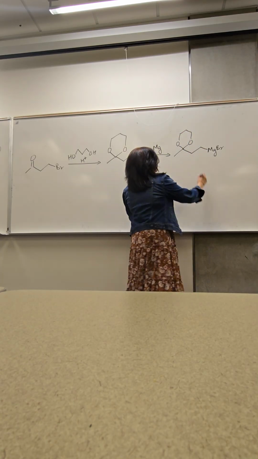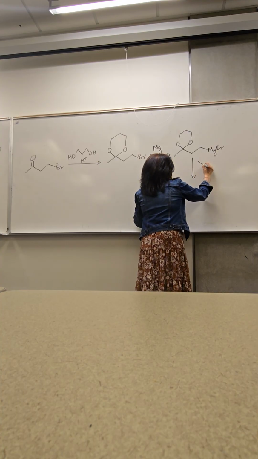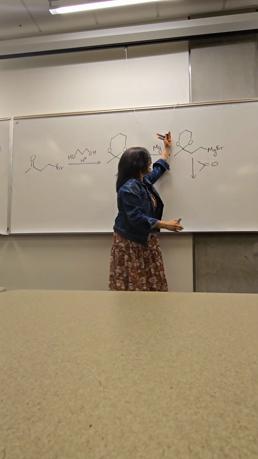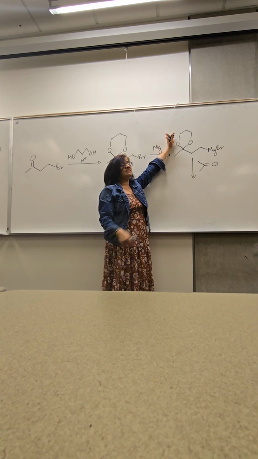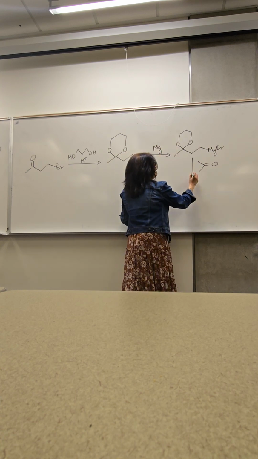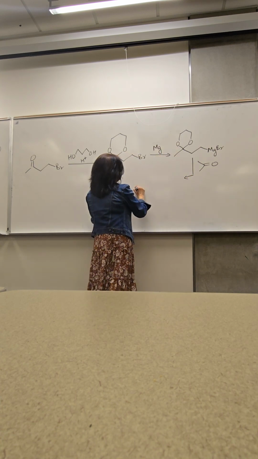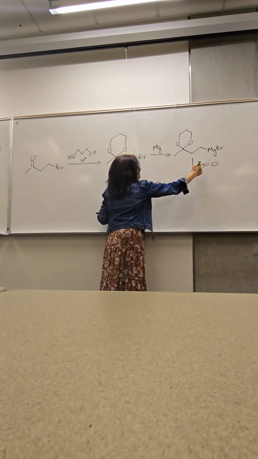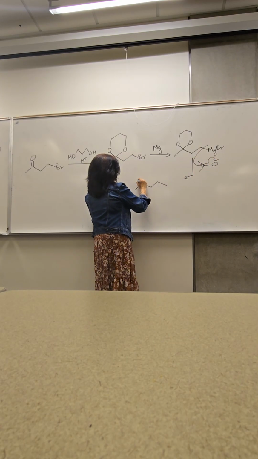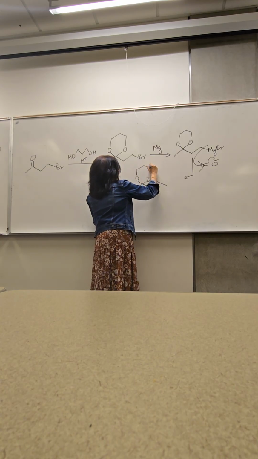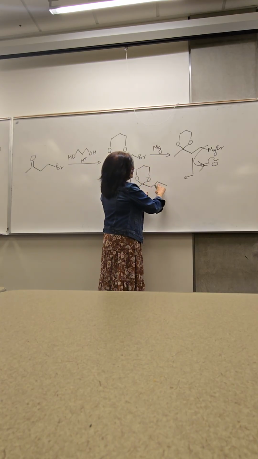Once we get the Grignard, we react it with acetone or whatever the aldehyde or ketone was. Is there an acid in this system right now? No. The acetal is safe. The Grignard does what it needs to do, and the acetal remains intact.